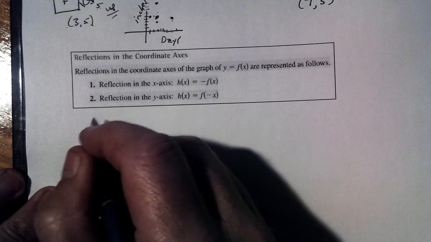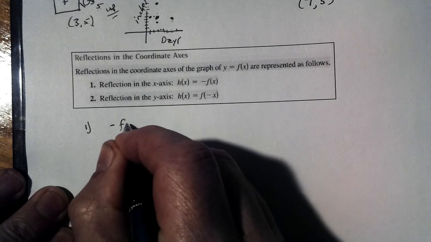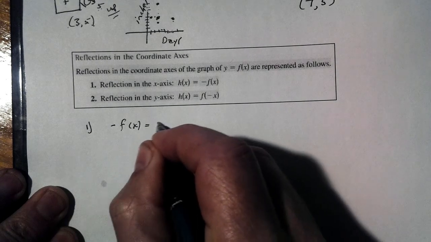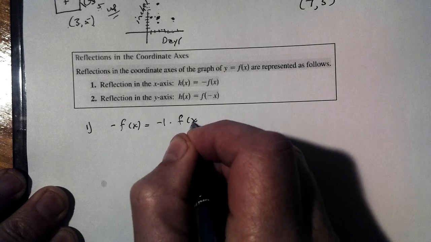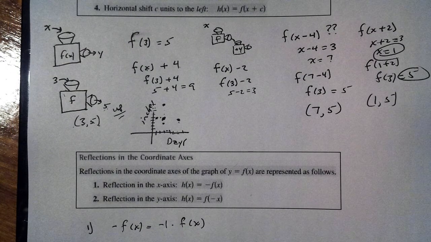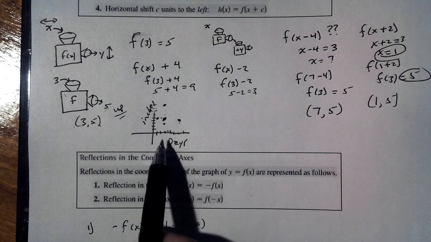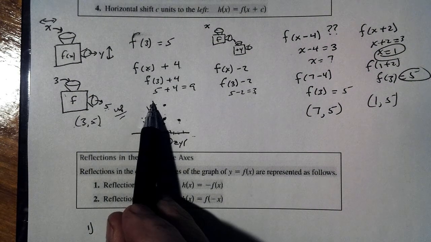So this is example 1, this negative f of x could be represented as negative 1 times f of x. Now let's review. What do functions do? We put in x, a right or left value. We get out y, a height value. Or we put in days and we get out inches.